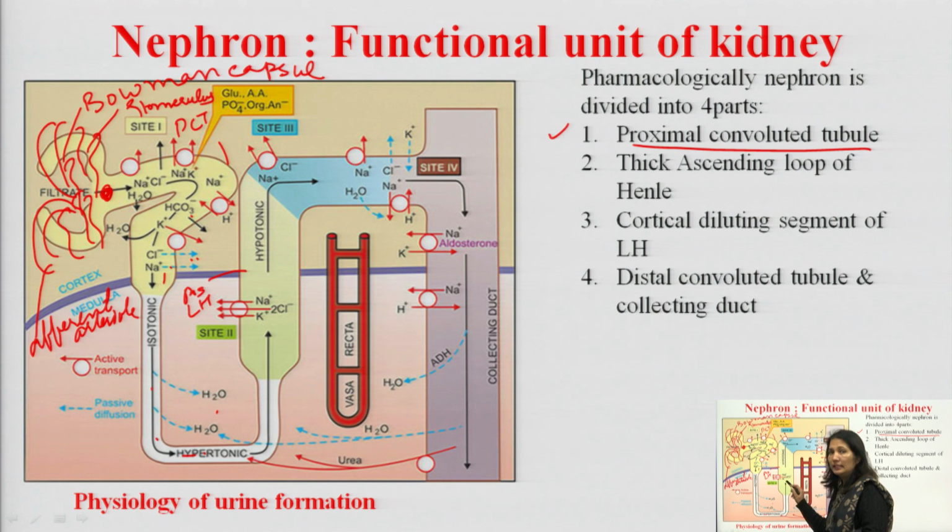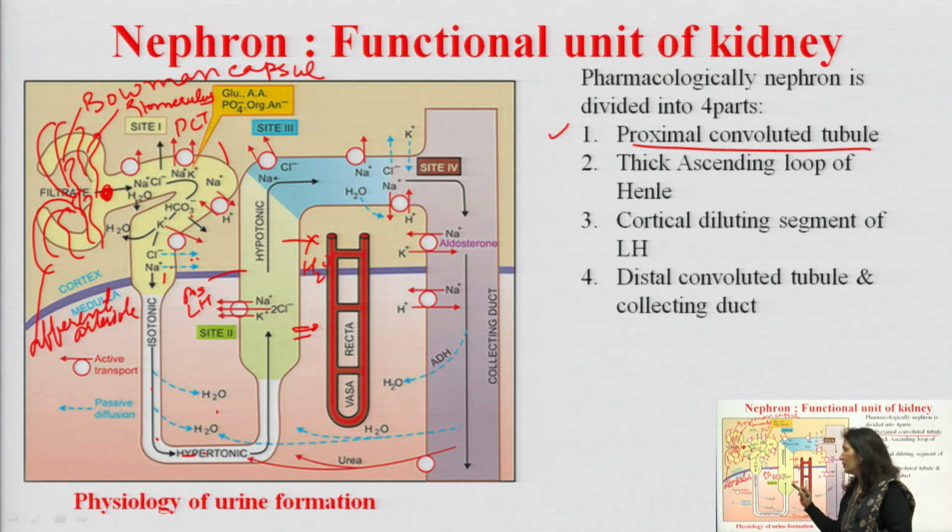whose function is exactly opposite to the descending loop of Henle. The ascending loop of Henle is impermeable to water, but it is permeable to sodium. So, 25% of the sodium load gets reabsorbed at this site, either passively or through the sodium potassium 2 chloride co-transporter.